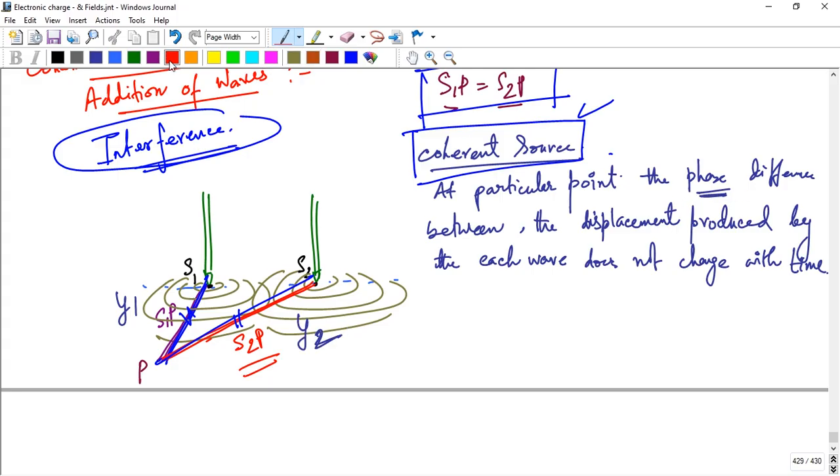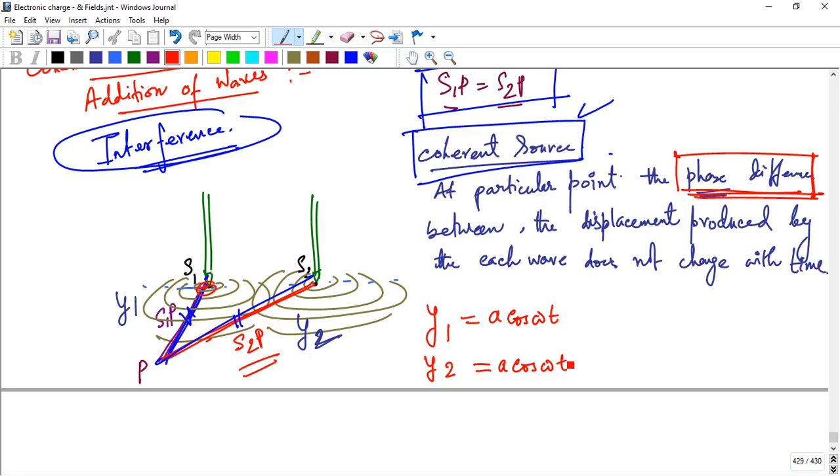Another key point: there is no phase difference between the displacements of each wave; they are in phase. So Y1 produced by S1 is A cos omega t, and Y2 has no phase difference, so it is also A cos omega t, both the same. Y1 is produced by S1 and Y2 by S2.